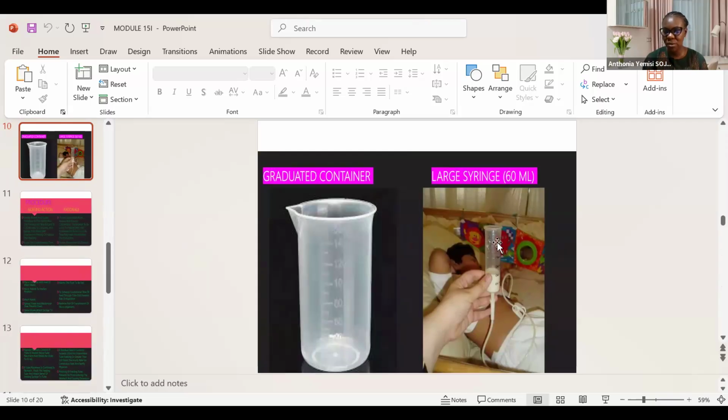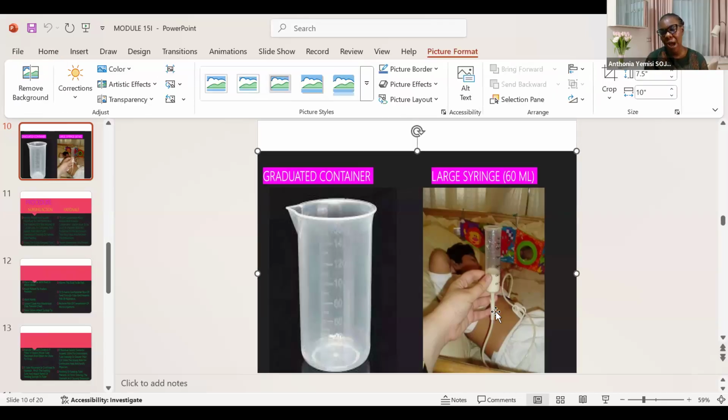And then you place your syringe into the NG tube, pour the content, and let gravity drain it. When you're done, you give some fluid just to clear it out. And finally, you cap the NG tube. It's important you cap the NG tube. If you leave it open, all that you have given will just pour back outside.